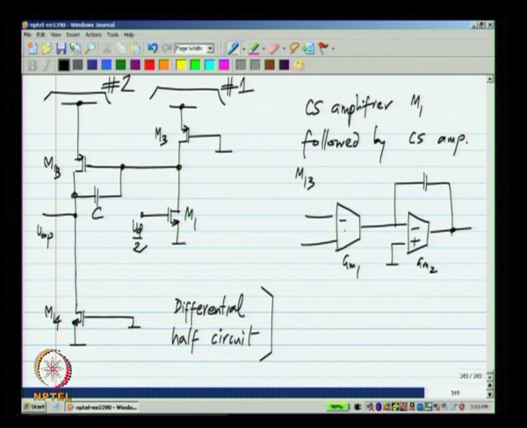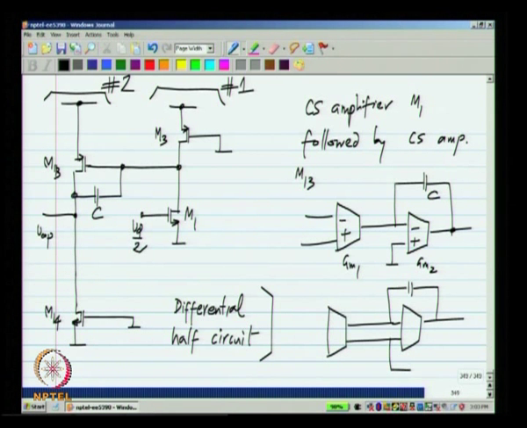Okay. Now, the fully differential one looks like that. Okay. So, it is just a fully differential version of the same circuit.